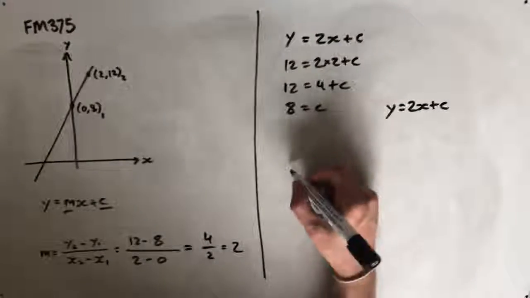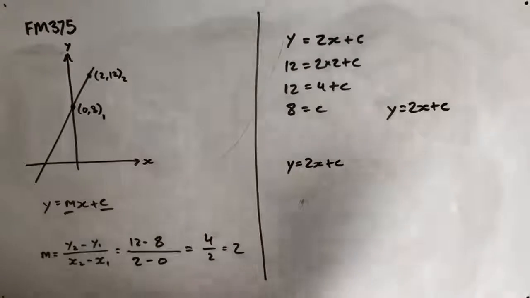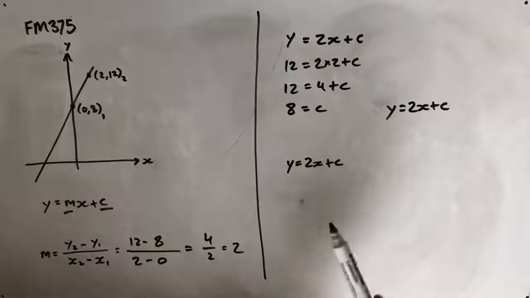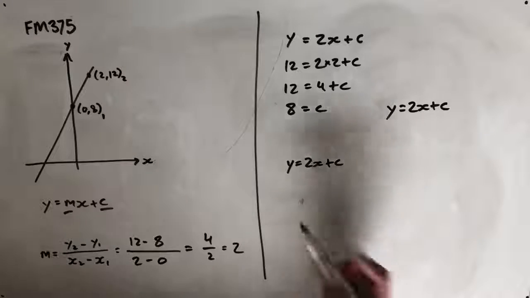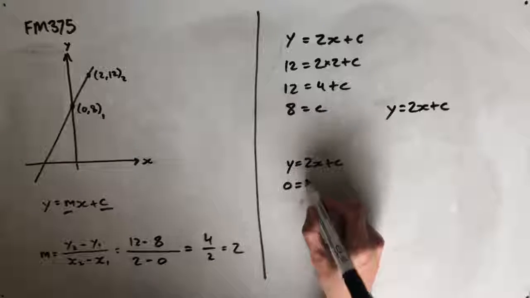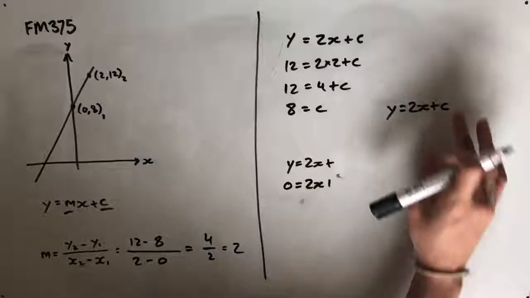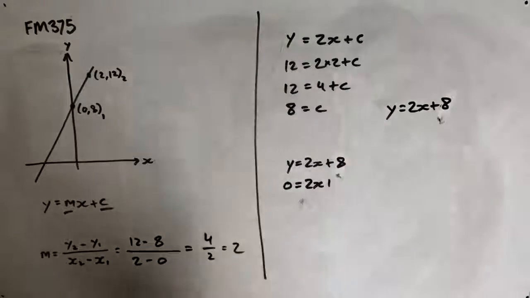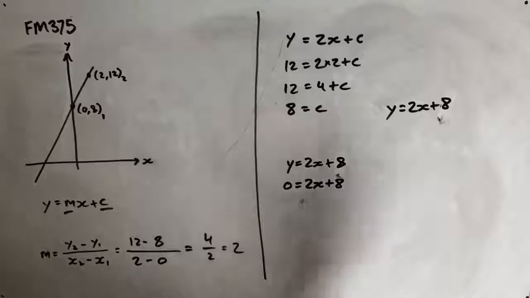Now that I know that my equation is y equals 2x plus 8, in order to find the coordinate of the x-intercept, where the line crosses the x-axis, I'm going to make y equal to 0. Sorry, I don't know why I've written c in for both of these, 8 and 8. 0 equals 2x plus 8.